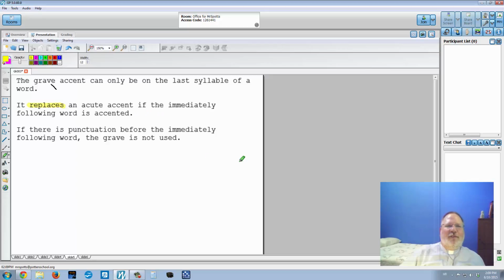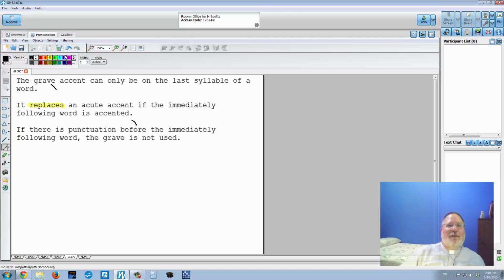So let's imagine that the word "before" is a Greek word. Let's give it an acute accent. But we notice there's a word immediately after it. There's no punctuation in the middle, so the acute accent will get knocked over and become a grave accent.